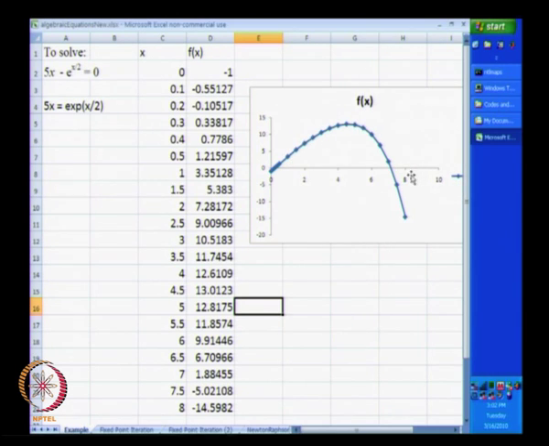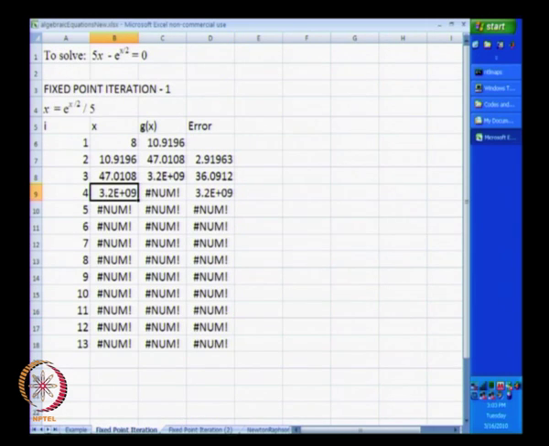So in a sense when we started with x equal to 8, rather than converging to this particular solution we ended up diverging towards infinity. That is what this method shows.